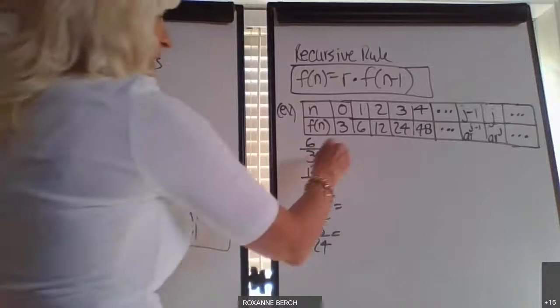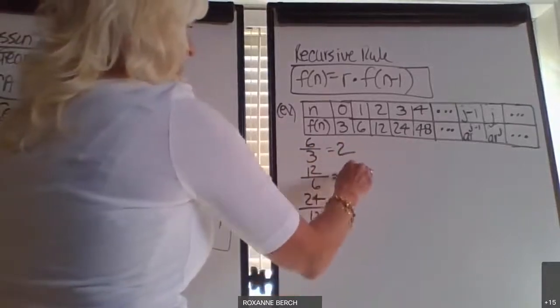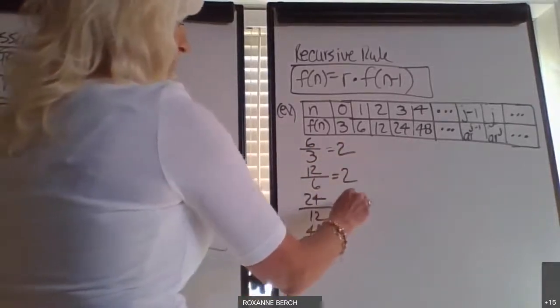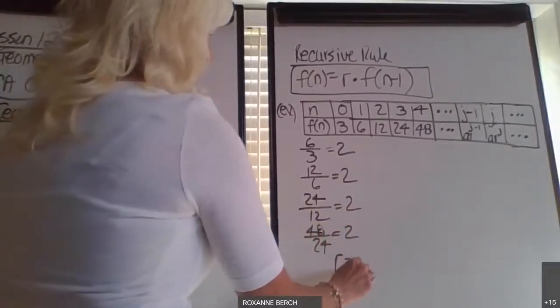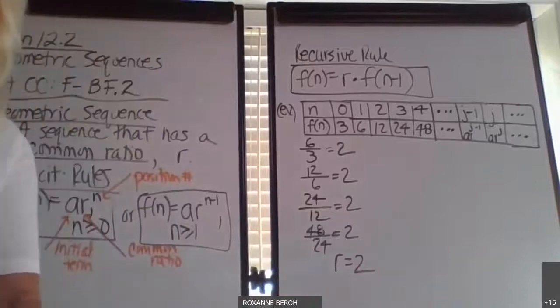So 3 times what is 6, 2. 3 times what is 12, 2. 12 times what is 24, 2. 24 times what is 48, 2. So your common ratio is 2.